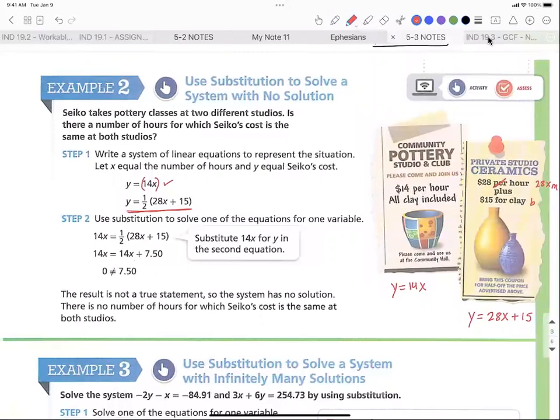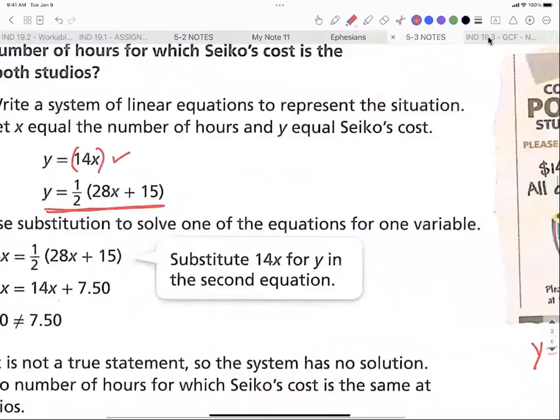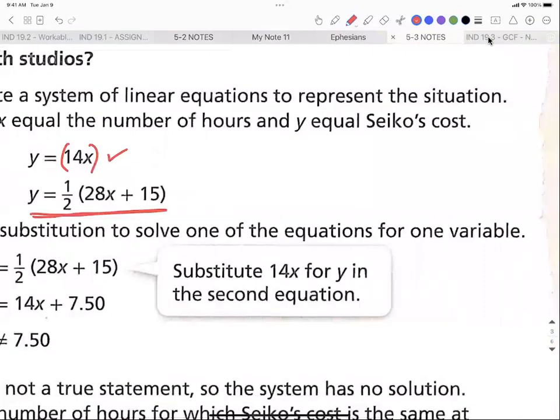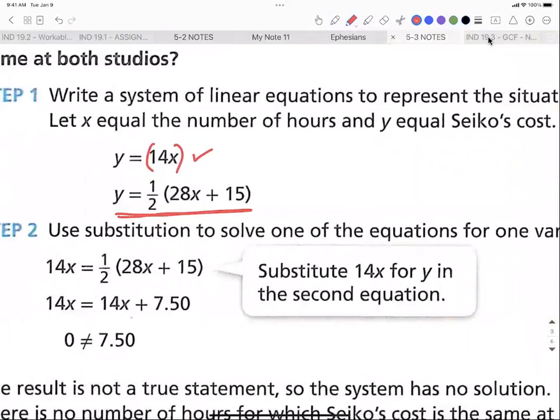Bring this coupon for half off the price. There you go. Thank you. That's what I get for not reading the whole thing. I just did what I always tell you guys not to do, which is not read it all. Bring this coupon for half off. So that's where the 1/2 off of that 28x plus 15 comes from. All right. Thank you so very much.